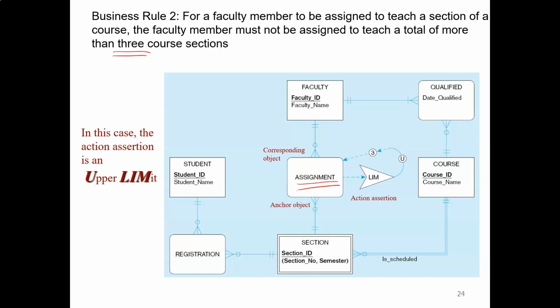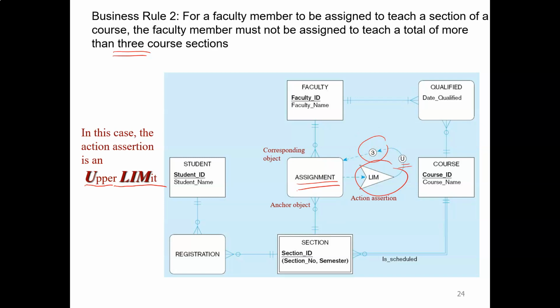Draw an arrow out of the anchor object assignment, and it eventually returns to the assignment, which is the corresponding object. And in the arrow, you put LIM, which stands for limit. And also here you have the letter U, which means it's an upper limit, and you put the number 3 here. So it means the upper limit for assignment is 3.